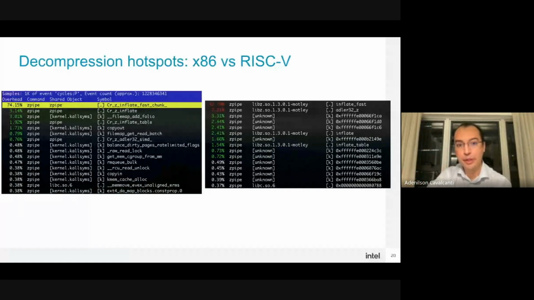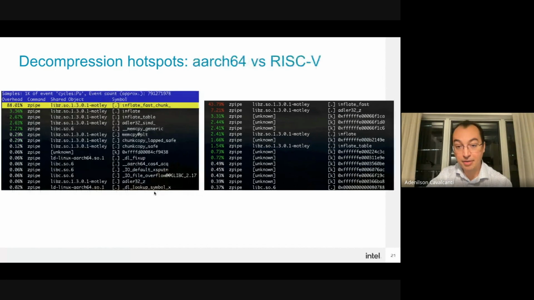All right. So what I think was interesting is that when I started by looking into a perf trace in a typical x86 processor versus a RISC-V processor running zpipe, which is a helper application that uses the zlib format for data decompression, we know that most of the cycles spent on x86 and especially on ARM64 are related with zlib proper.